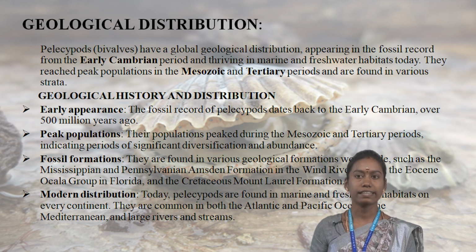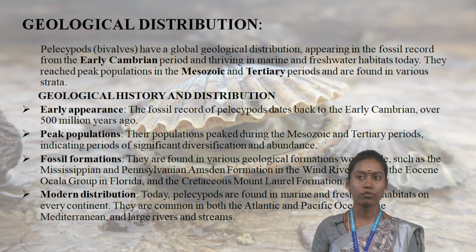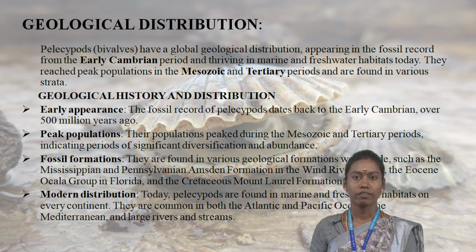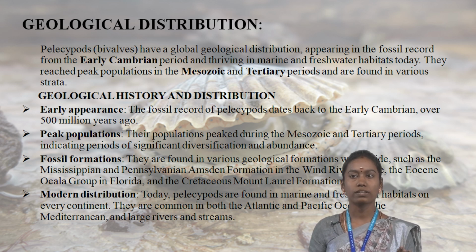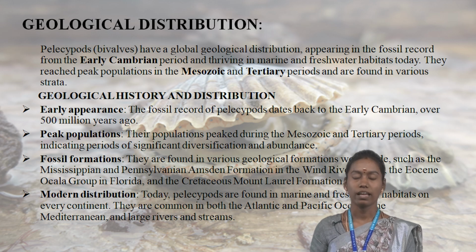Then the geological history and distribution. Early appearance: the fossil record of pelecypods dates back to the early Cambrian, over 500 million years ago. Peak population: the populations peaked during the Mesozoic and Tertiary periods, indicating periods of significant diversification and abundance of pelecypods.